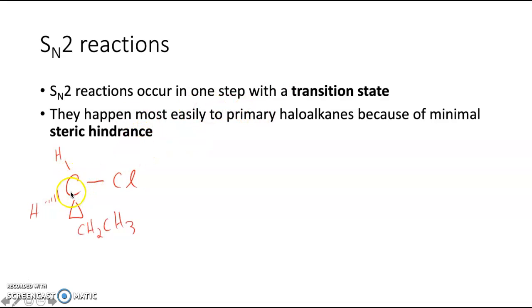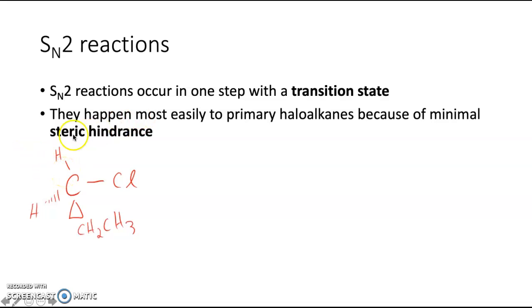This type of reaction happens to primary halogenyl alkanes or haloalkanes because of minimal steric hindrance. That's just a fancy way of saying there isn't stuff in the way. Hydrogens are very small. It's very easy for something to come in and get past those hydrogens to attack the carbon, whereas if you have a bunch of other bigger groups surrounding the carbon, it's a lot harder for another reagent to come in and attack it.